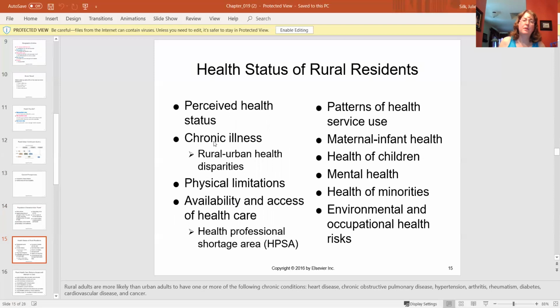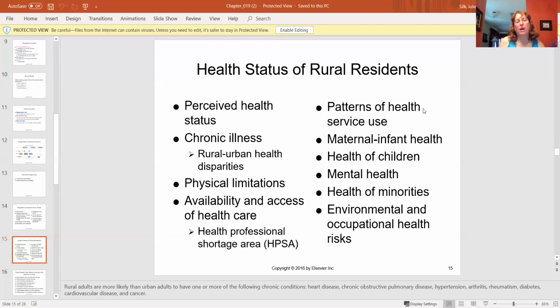So again, they usually have a lot of different chronic illnesses. Some of them have a lot of physical limitations. They might have a little bit of availability and access to healthcare, but maybe they don't use it as much. There is a shortage of healthcare professionals out in rural areas.